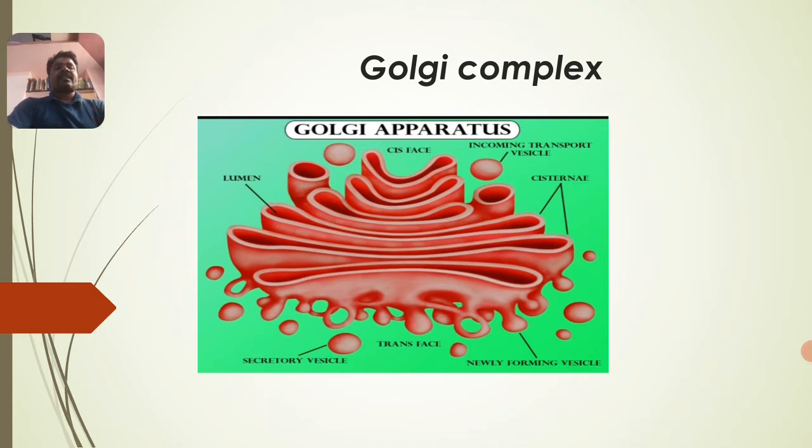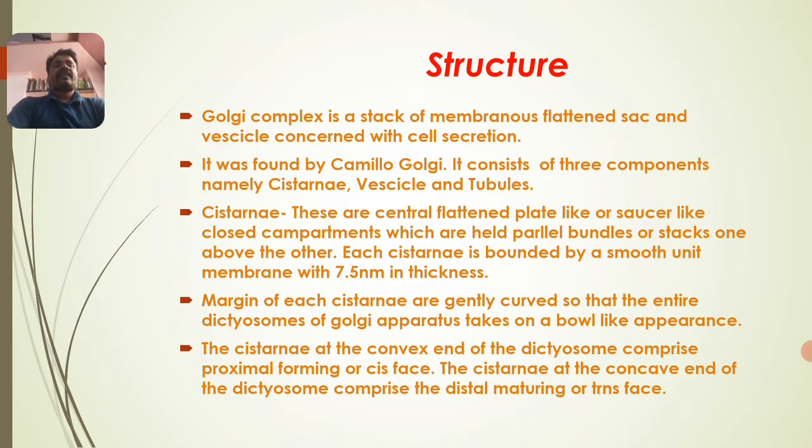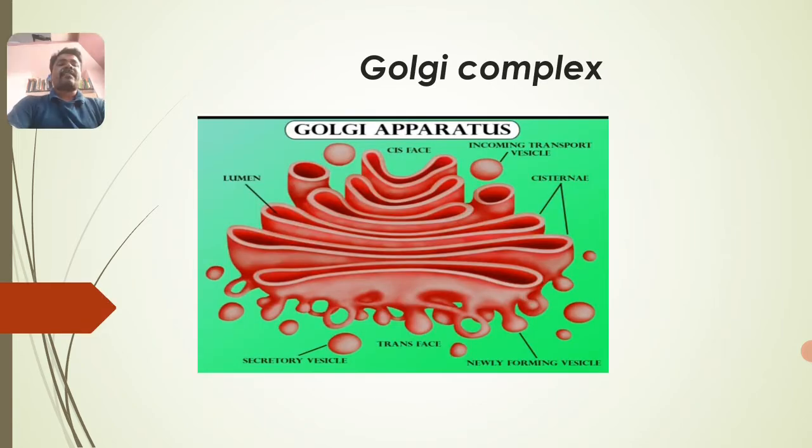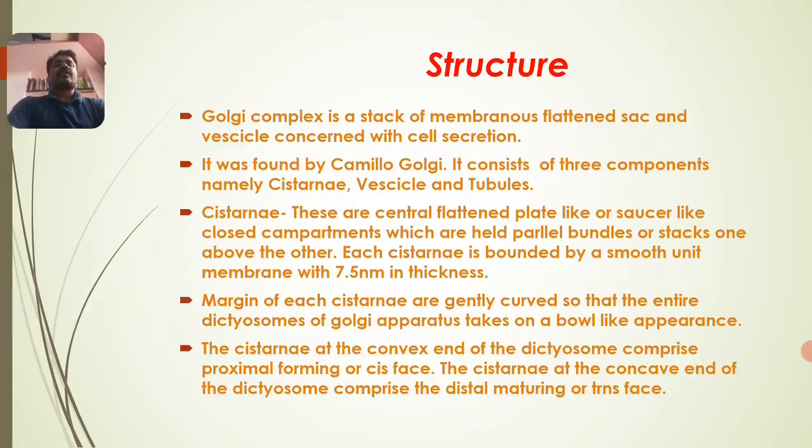Those cup-like or saucer-like structures are called cisternae. The margin of each cisterna is gently curved, so that the entire dictyosome of the Golgi apparatus takes a bowl-like appearance, due to the presence of these parallel, unbranched, flattened sac-like structures. Those are called cisternae.